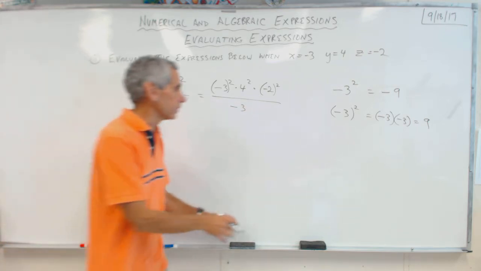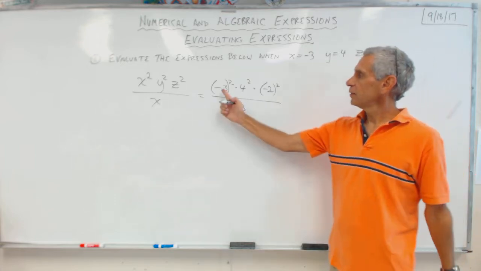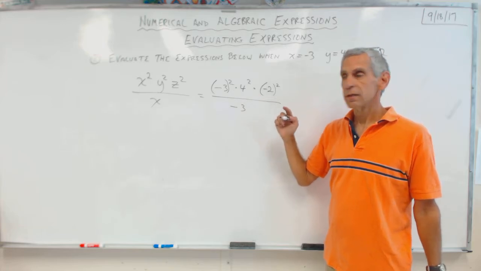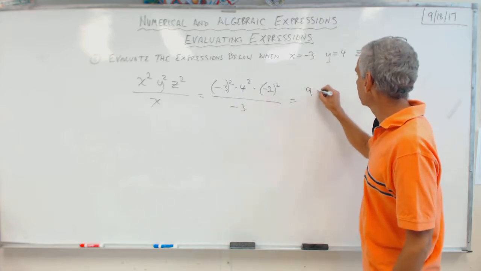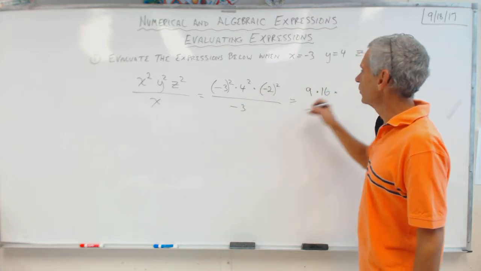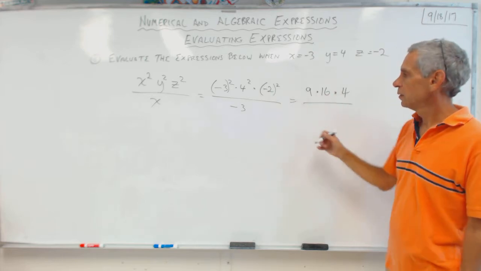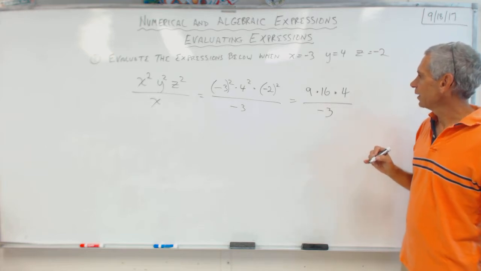So let's simplify. What is -3 in parentheses squared? 9. Okay, so suddenly that's a 9 times 16 times 4 all over -3.